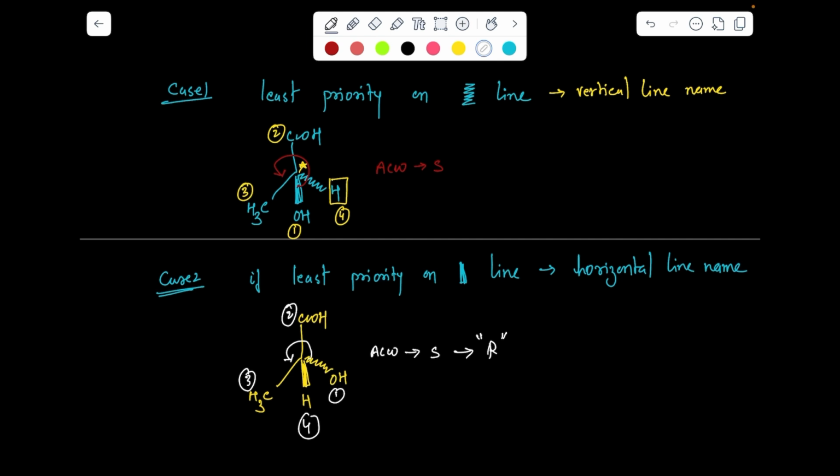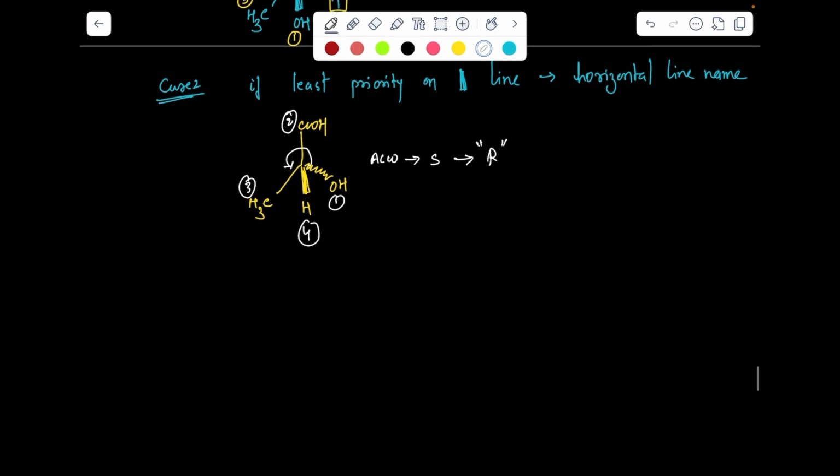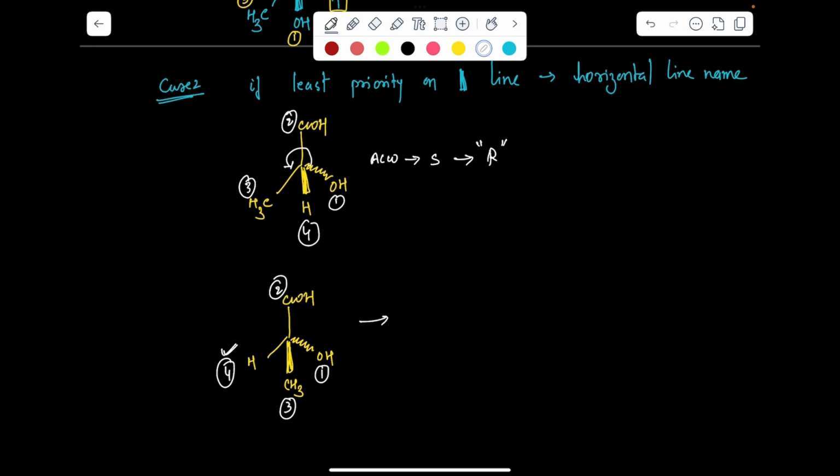Now if it is present on the normal line, in 2D, then what happens? Then again we have to flip the configuration. For example, this is 1, this is 2, this is 3 and this is 4. Since it is present on the normal line, our target is to put this least priority group on the dash line. So we have to flip 2 times here.